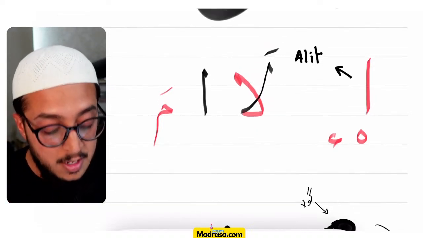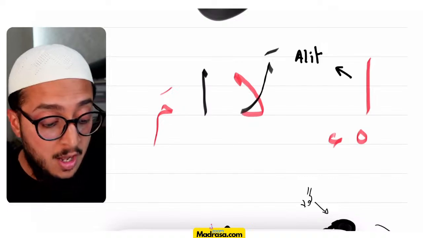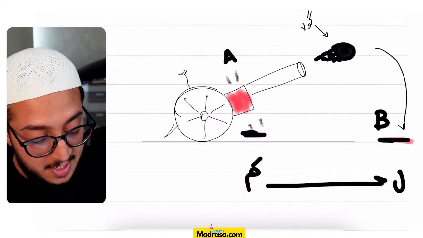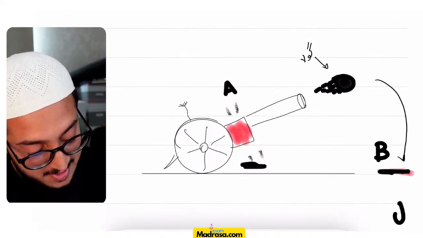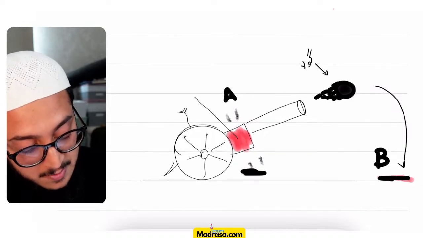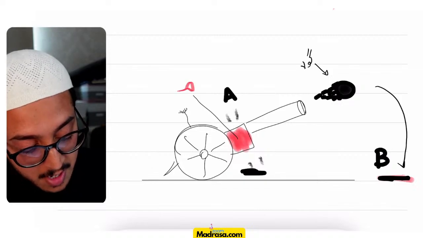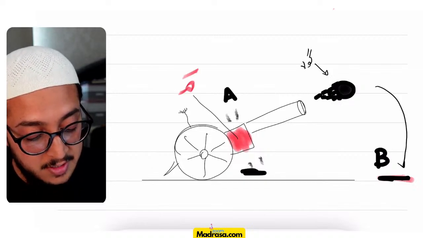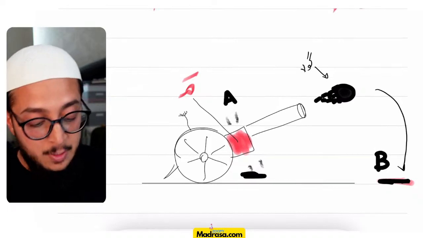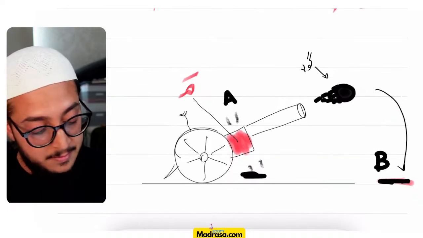Pay attention. Let's use ma, ma. We are using ma as this is ma. This is meme with the fatha, yeah? We're going to keep using this ma because it's the easiest letter to recognize. Ma, ma, ma. And then we're going to put all the other letters here. You guys with me?